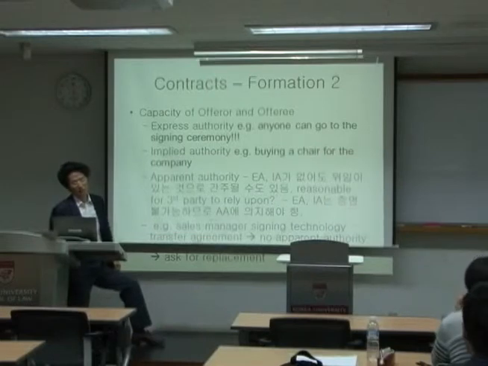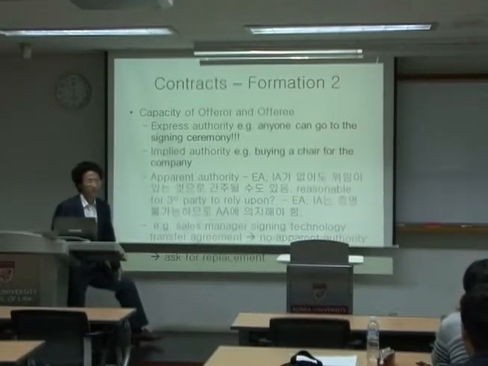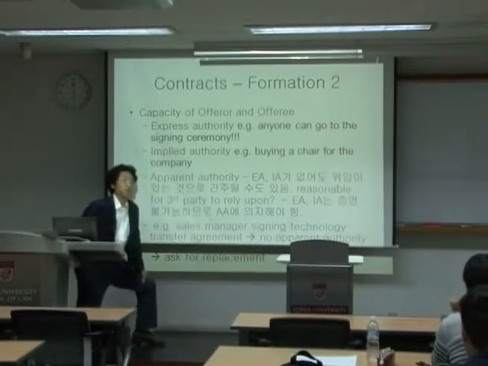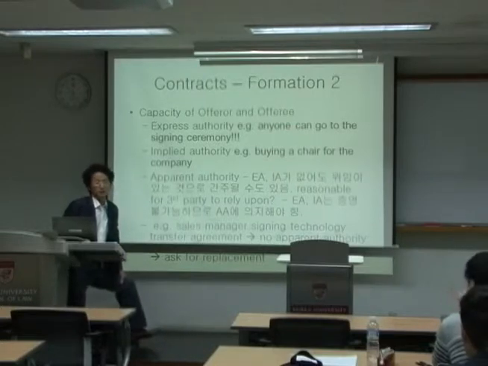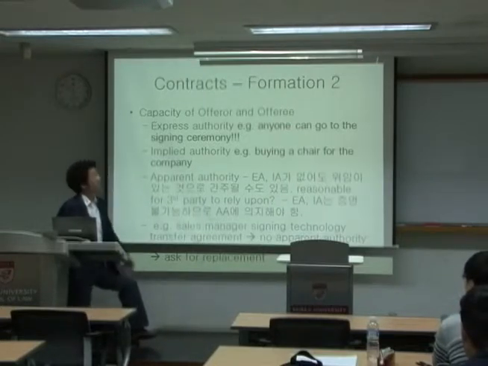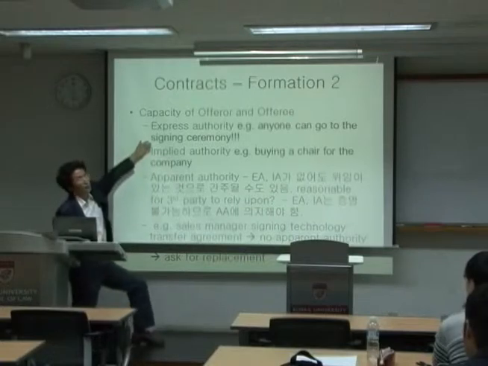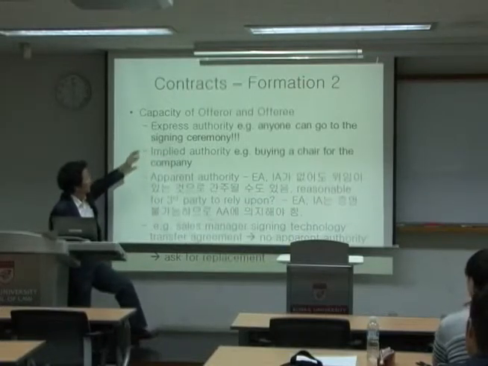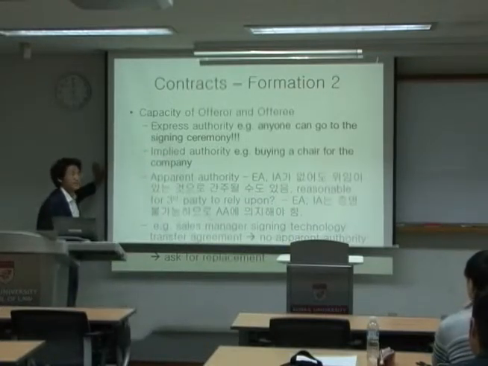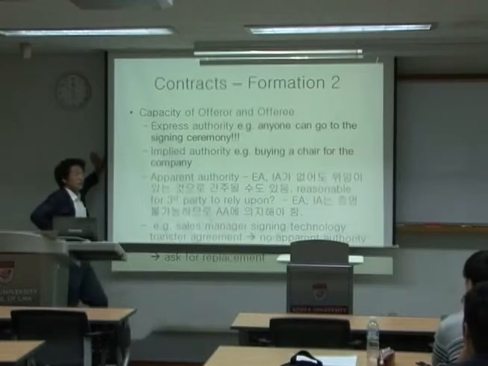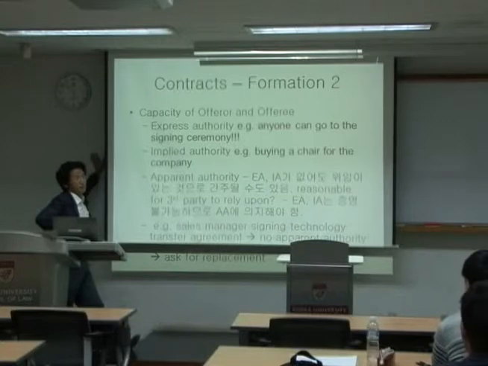Now, usually, capacity question in international business contract arises out of these questions of express authority, implied authority, and apparent authority. Okay. Because you are usually dealing with a business association, like a corporation or limited liability company. Okay.